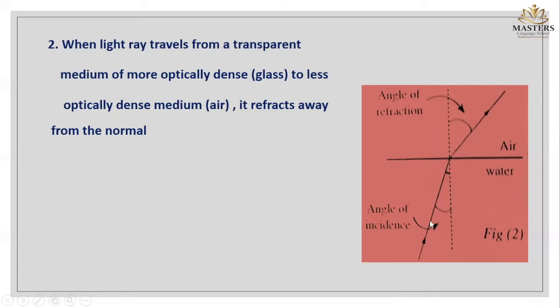If the incident ray comes from the water to the air, the angle of incidence between the normal and the incident ray will be smaller than the angle of refraction, because the light comes through the water then to the air, and the air density is less than the water, so the angle of refraction is bigger than the angle of incidence.